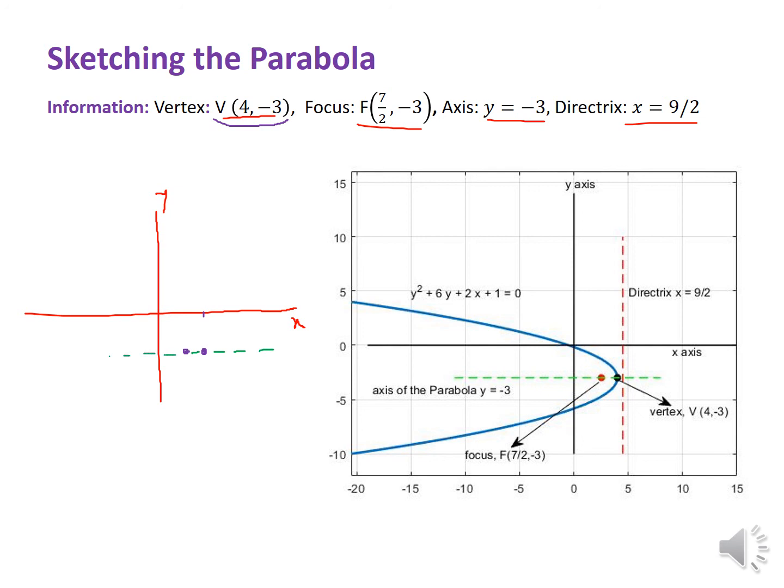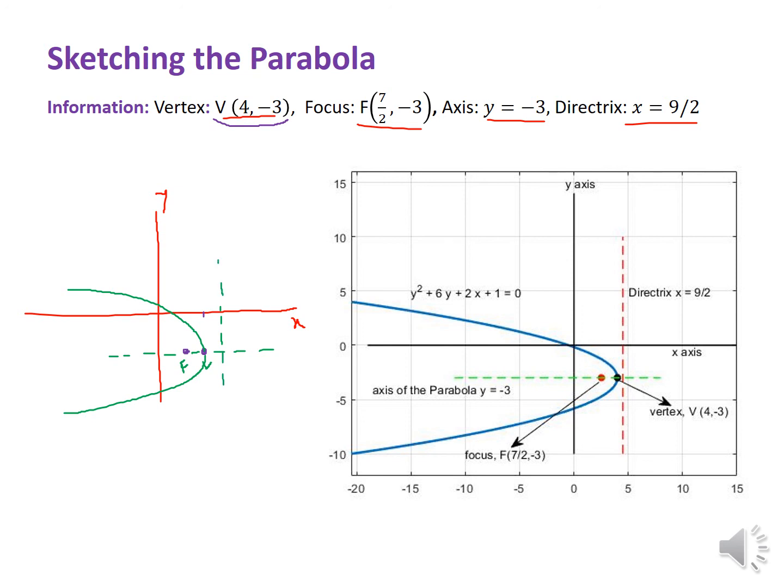Since vertex and focus are on the same line, the line y equal to −3 will be the axis for this parabola. And look here, this is the vertex and this is the focus. So the focus is directed left from the vertex. So the arms of the parabola will be directed to the left side, or the parabola opens to the left. So this will be the shape of this parabola.